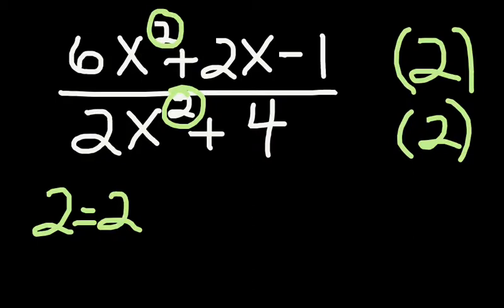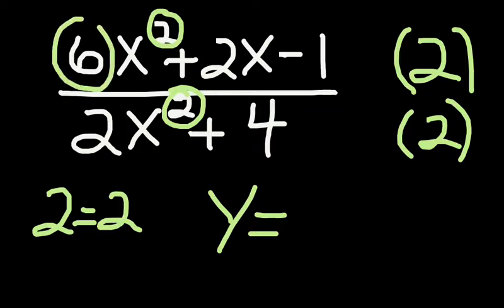In order to find the horizontal asymptote here, we simply take the leading coefficient of the numerator. Now remember, the leading coefficient is the number in front of the variable with the largest exponent. So you have to be sure to put those in order, where the biggest one is first. In this case it's 6.